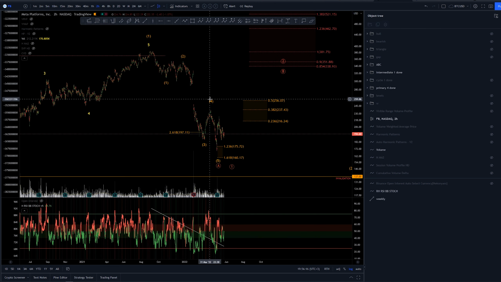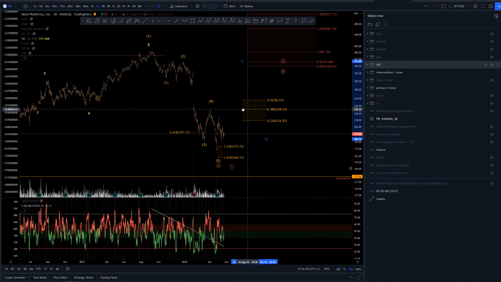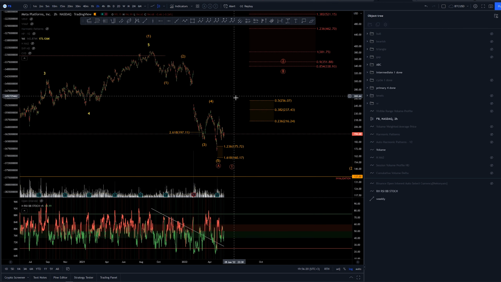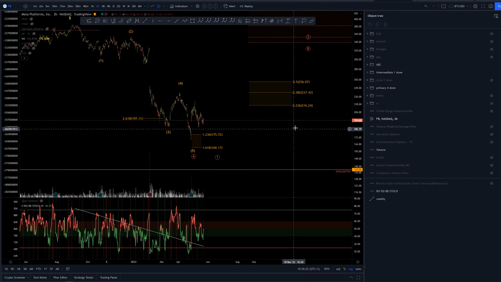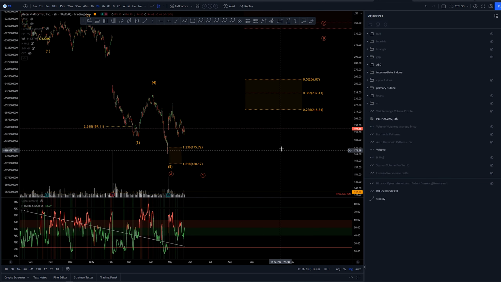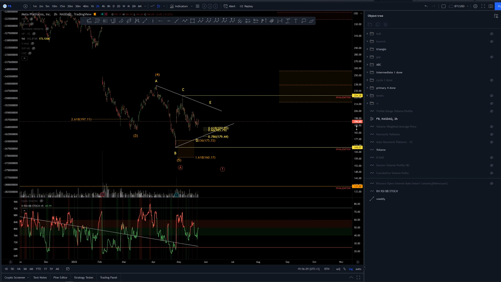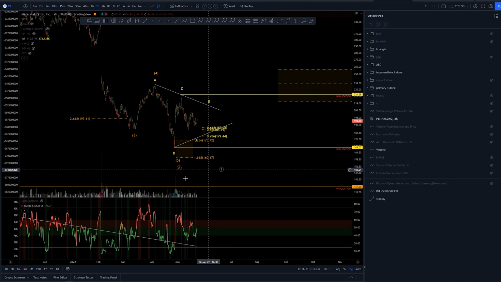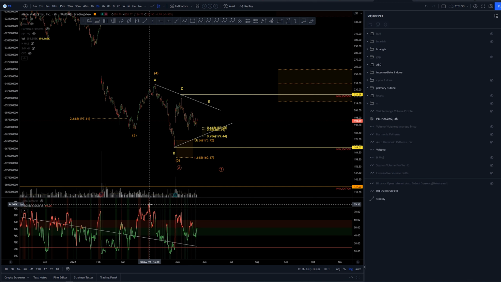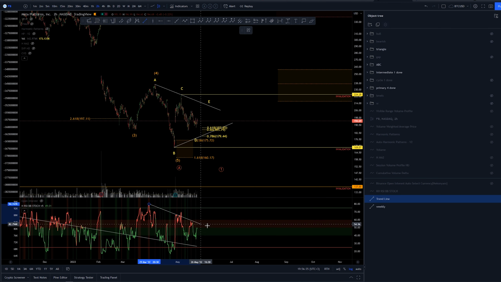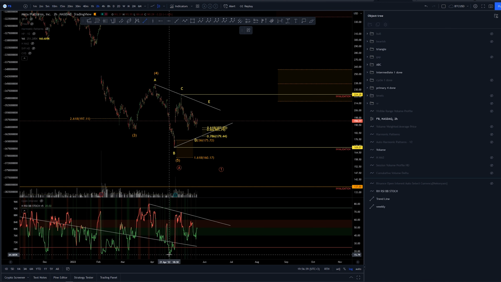Now the wave 4 came down to the 38.2 retracement, which is expected, but there is something else as well here that is a possibility. This triangle here is definitely possible. We have a nice looking triangle here as well, coming down onto the RSI.